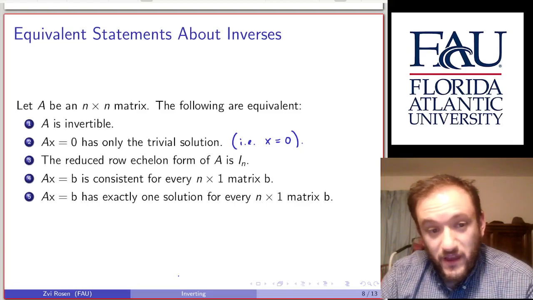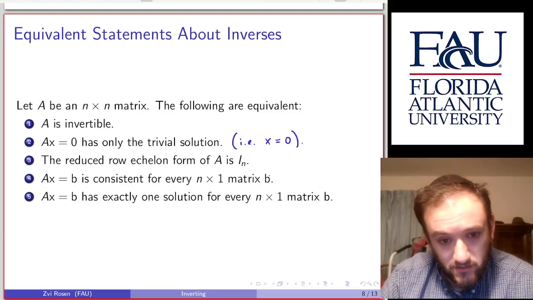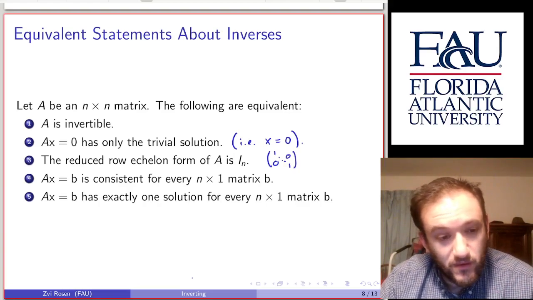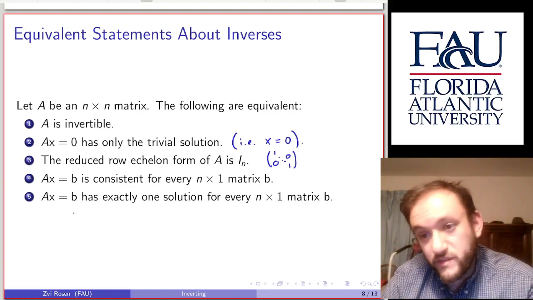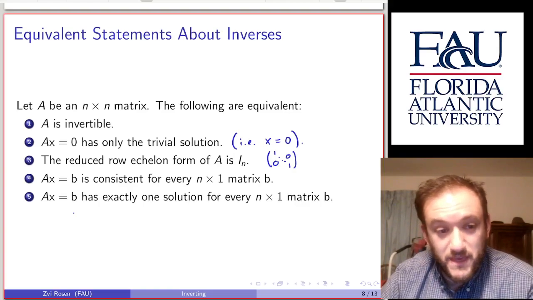Third, the reduced row echelon form of A is In. It's the n by n identity matrix. So we'll recall that that's 1s in the diagonal and 0s everywhere else. Fourth, Ax equals b. So this is a different matrix vector equation where instead of 0 on the right-hand side, you have some vector b.